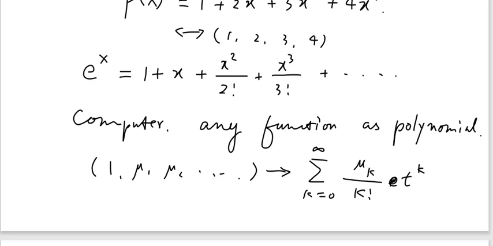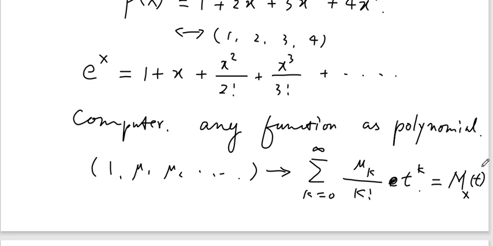Such a function, we call the moment generating function. Suppose we denote this as M(t). Okay, so it is certainly related to the underlying variable X, right?